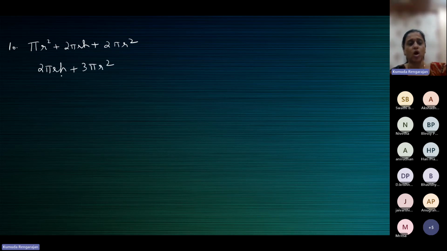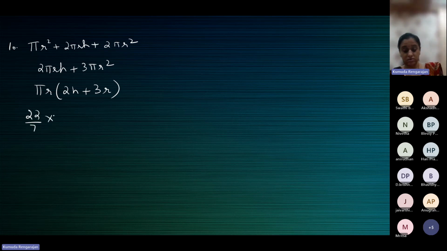So you can also take out common because r is the same for both. So common is pi r. So you get 2h plus 3r. So 22 by 7 into r is 7, 2h. The height of the cylinder alone is 21. It's marked there. The height of the cylinder is 21.